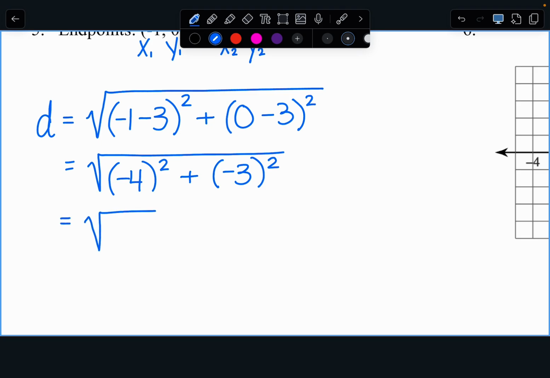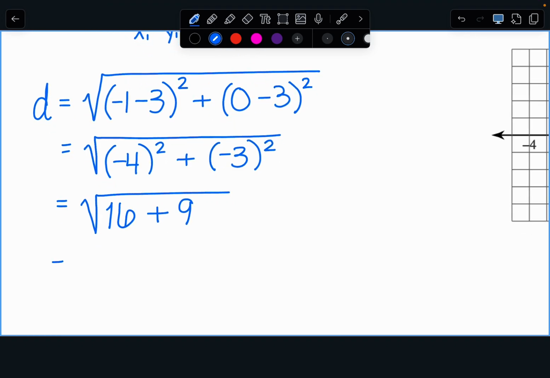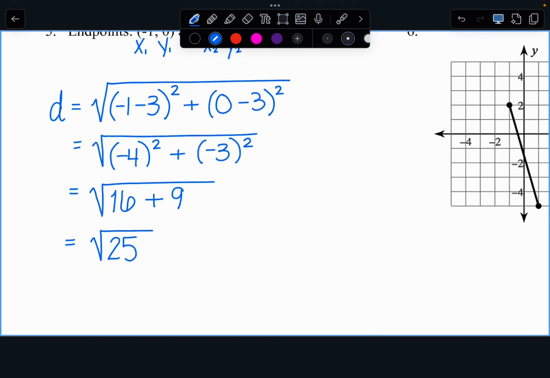Squaring means -4 times -4, which gives us a positive 16, plus -3 times -3, which is a positive 9. 16 plus 9 is 25, and the square root of 25 is 5, because 5 times 5 is 25.